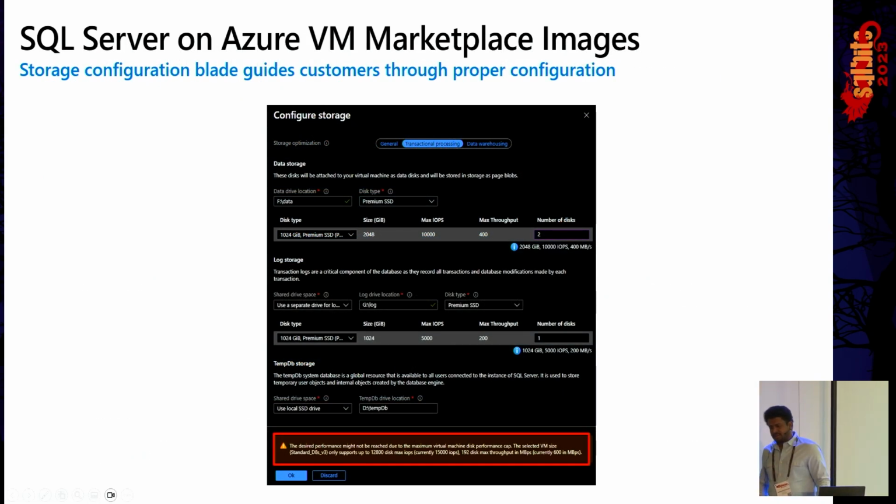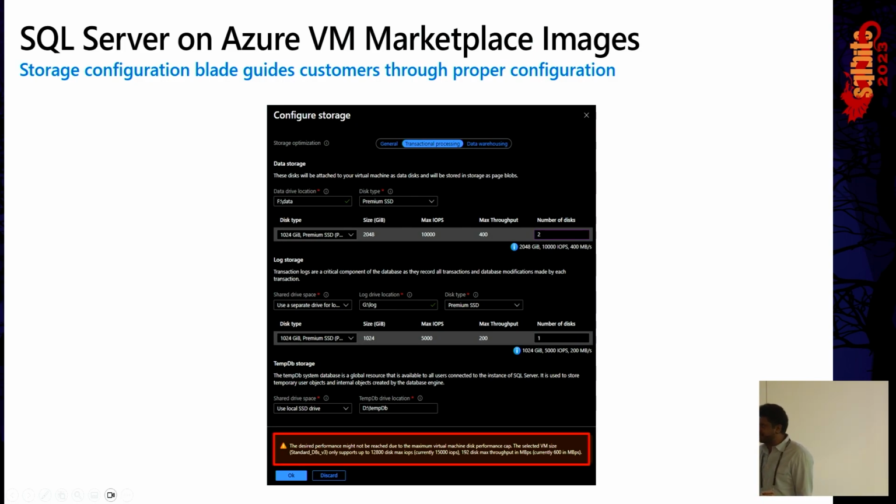Now, I also want to introduce one of the other things that comes when you are running SQL servers on Azure VMs. There are multiple ways of configuring these SQL servers on Azure VMs. One is to go to Marketplace and just configure this.